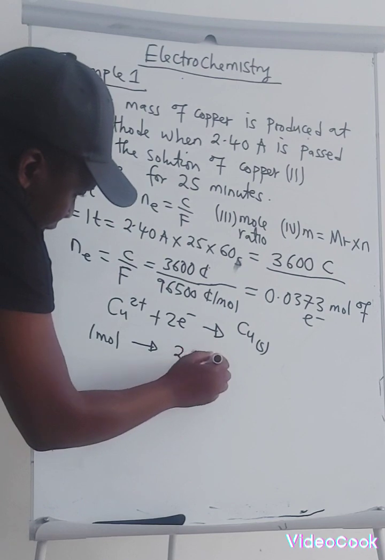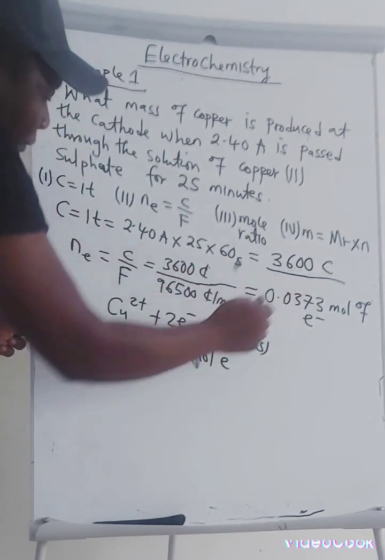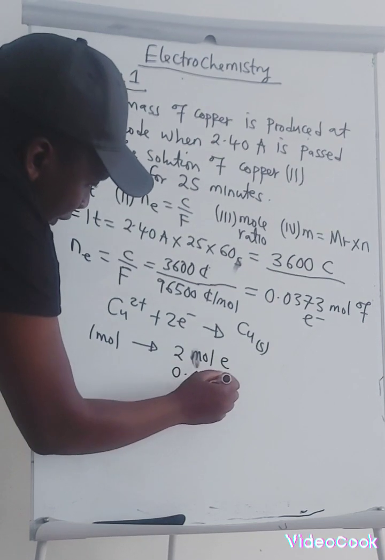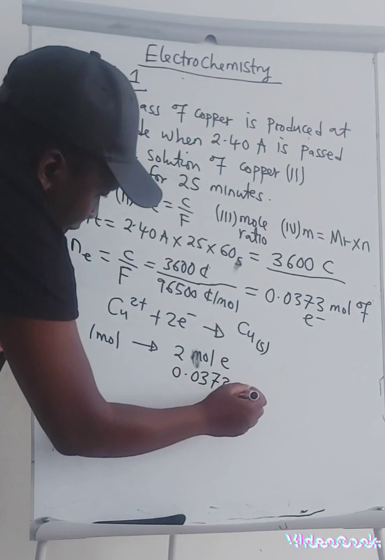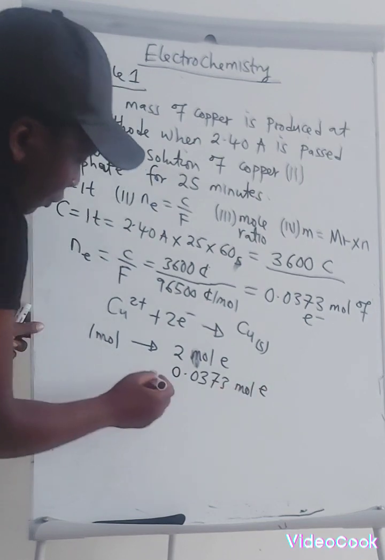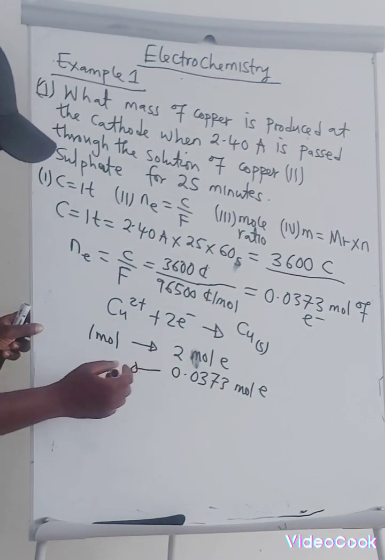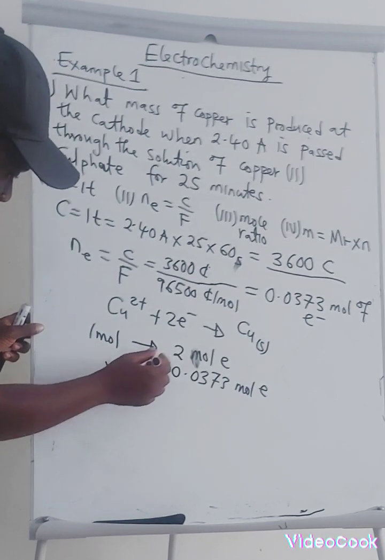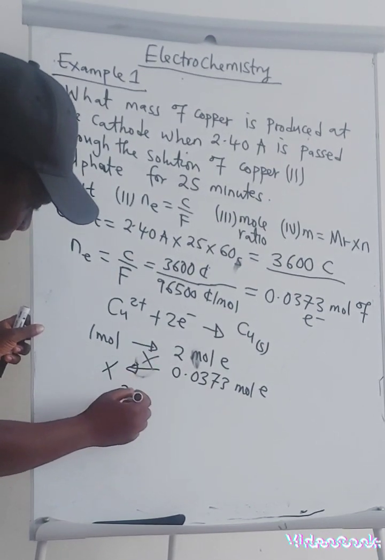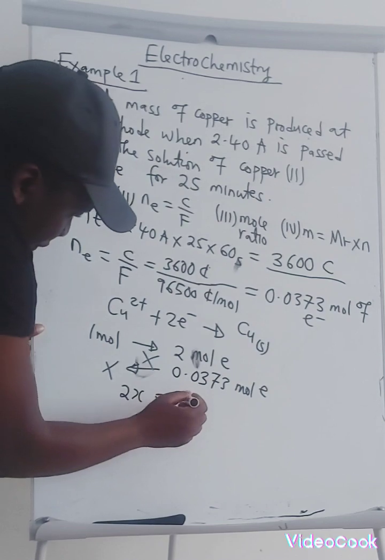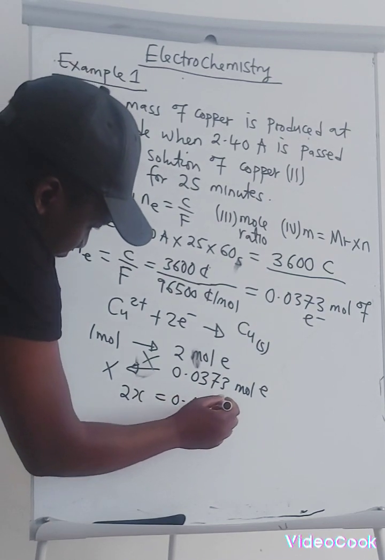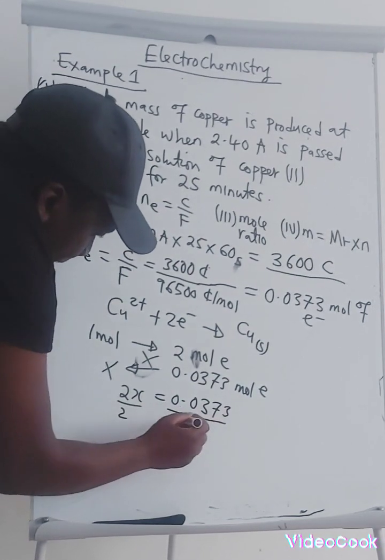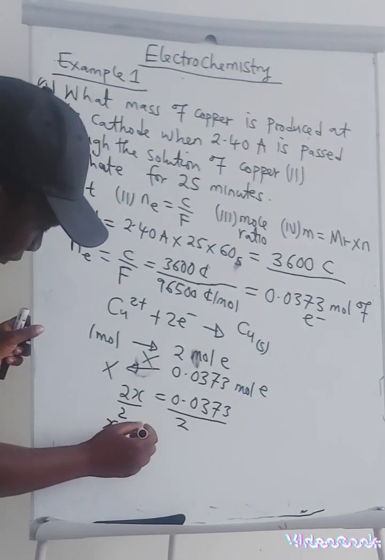The 0.373 moles of electrons will be equal to how many moles of copper, x? So cross multiply.